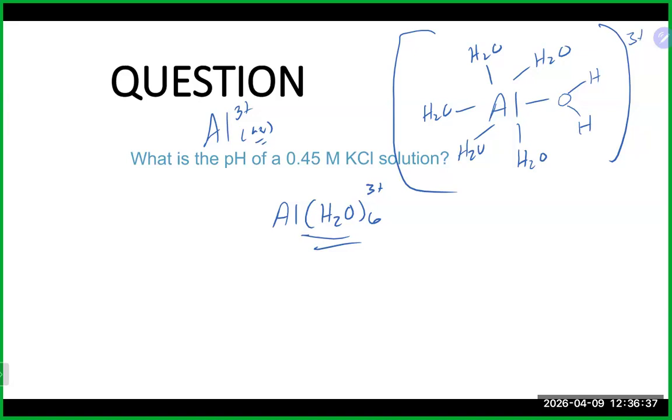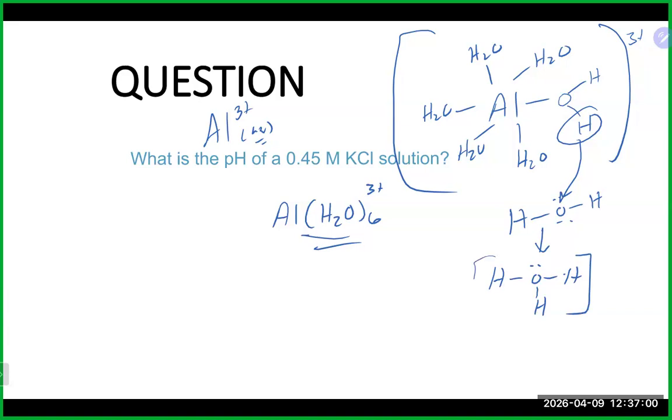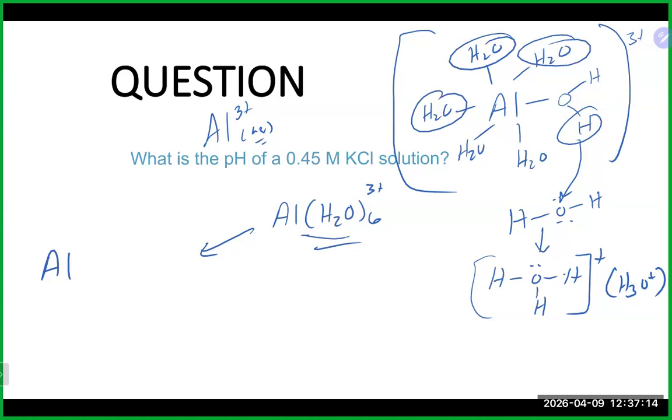So what happens in this particular case is a regular old water floating around will come by and grab one of those hydrogens off of the water that's attached to the aluminum. And when it does that, that combination is going to form H3O plus, hydronium. And what happens with our complex ion is we still have our aluminum, and we still have one, two, three, four, five intact waters that nothing happened to.